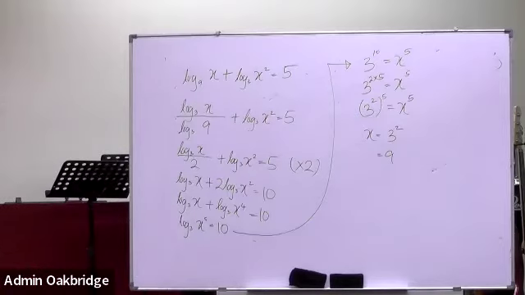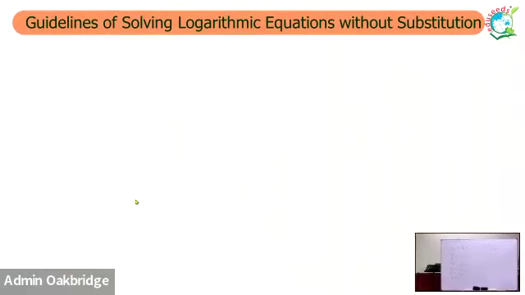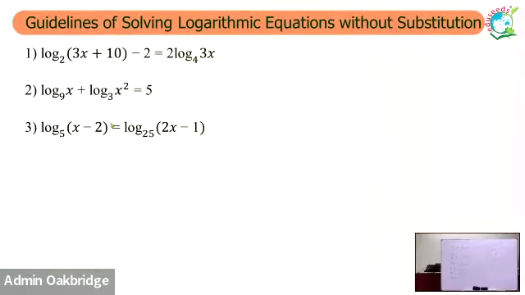Okay, so after you solve for x, you have to verify the solutions. Verify the solutions. So, okay, is it correct now? If x is 9, 9 squared is 81. Let me check for it.